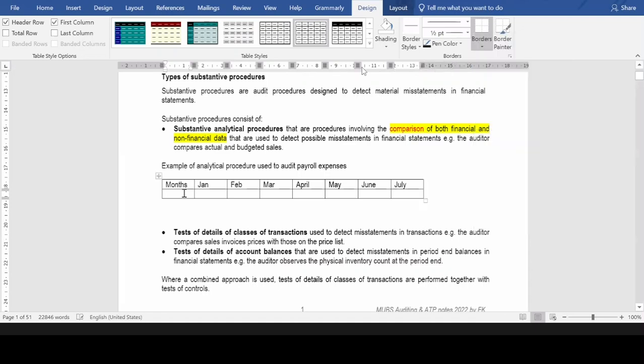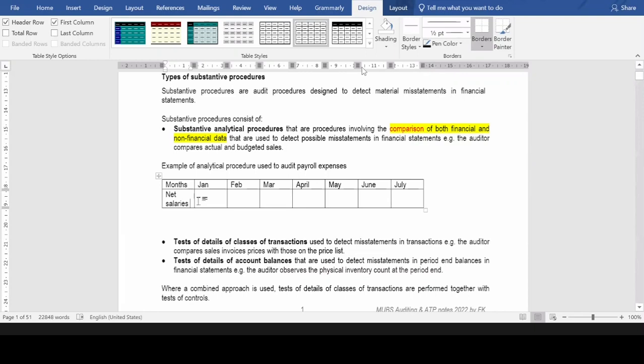Now, you look at the net salaries, you may find that here it's 90 million. Here it's 90 million still. But from nowhere it jumps to 120 million. Then it again comes back to 90 million.